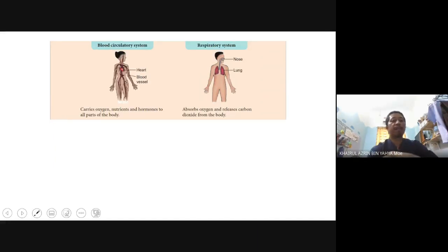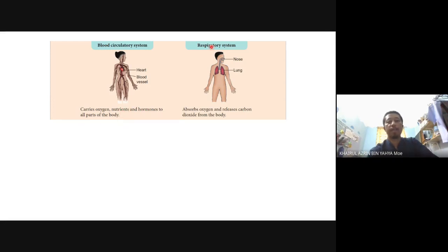Okay, and then we have a blood circulatory system, sistem peredaran darah. So in this diagram shows heart, jantung, and then we have blood vessel, salur darah. Okay, so this blood circulatory system, the function is to carry oxygen, membawa oksigen, nutrients and hormones to all parts of the body.